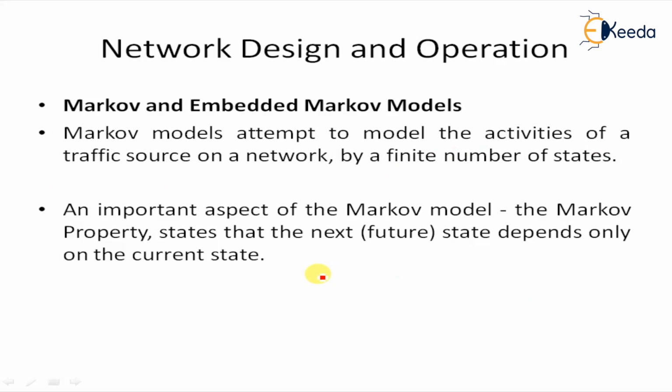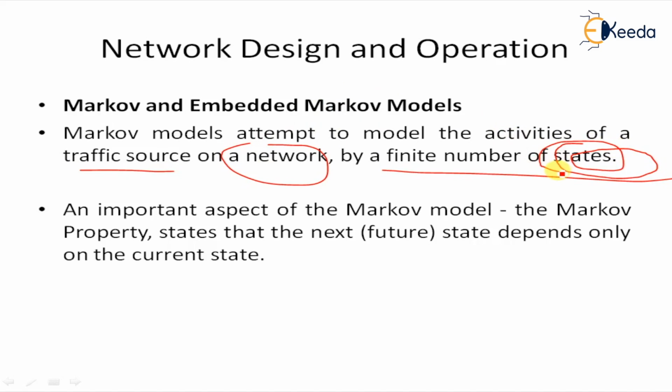Next is Markov and embedded Markov models. Markov models attempt to model the activities of the traffic source on a network by a finite number of states. The accuracy of this model increases linearly with the number of states used.